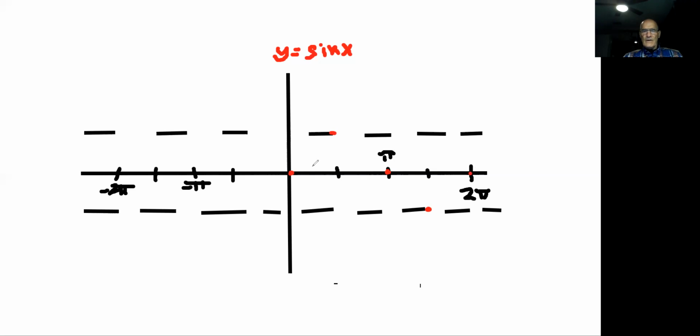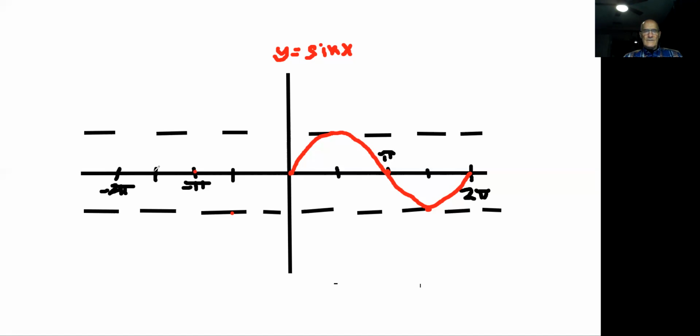So if I draw that part of the curve, it's a smooth curve. It comes up like this, goes down like this, and comes back up to 0. Now, if I go in the negative direction, minus pi over 2 is the bottom of the circle, which is minus 1. Minus pi is to the left side of the circle, which is 0.